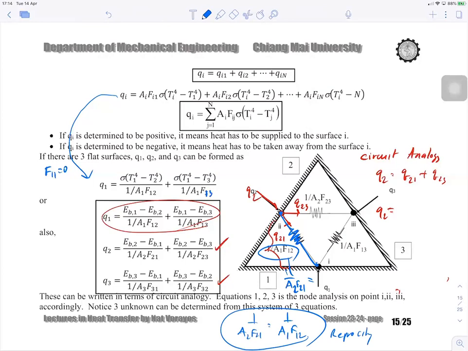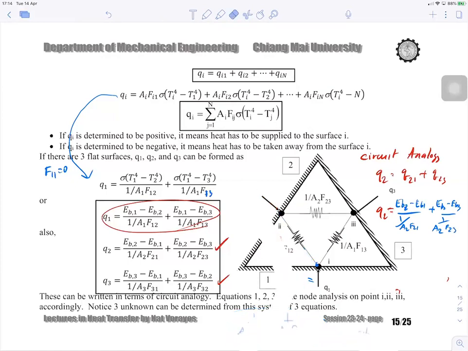Okay, so across 2 and 1, you're going to have EB2 minus EB1 over 1 over A2F21. Do the same for EB2 minus EB3. It's going to be over 1 over A2F23. Okay, so you're going to have yourself the second equation.